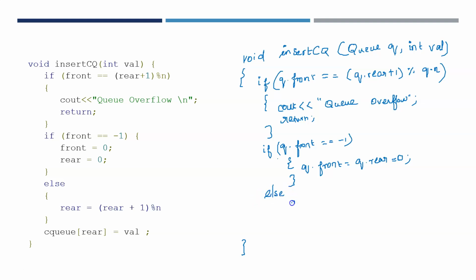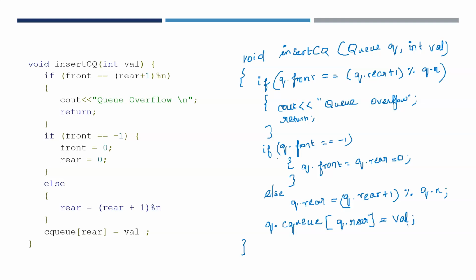Else q dot rear equals q dot rear plus 1 mod q dot n. Now you have to insert that appropriate element in the q dot cq dot CQ here equal to... should I put q dot val? No, because val is a formal parameter. So this is how you replace this code with a general structure of Q.